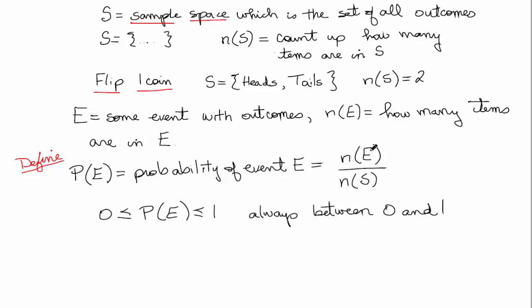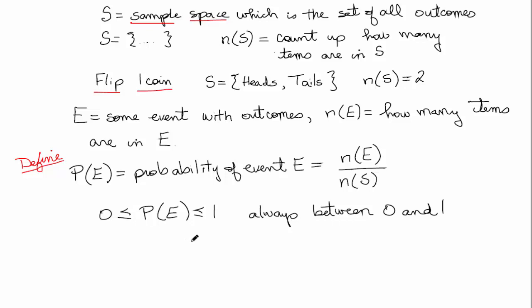Now, E is always a smaller set than S. So you can see this ratio can never be any bigger than 1. And similarly, since it's a count of how many things are in there, the smallest count we could ever get would be 0.